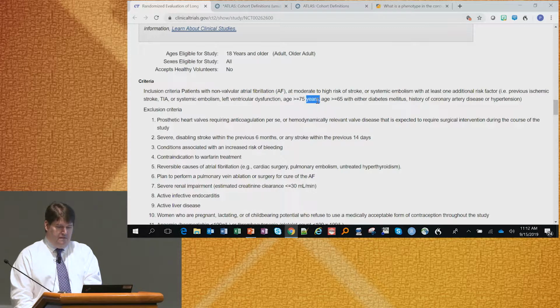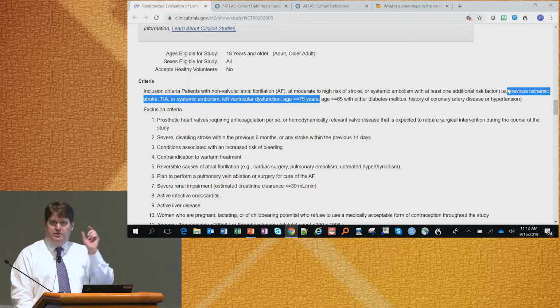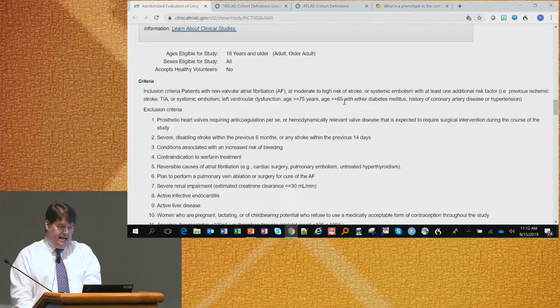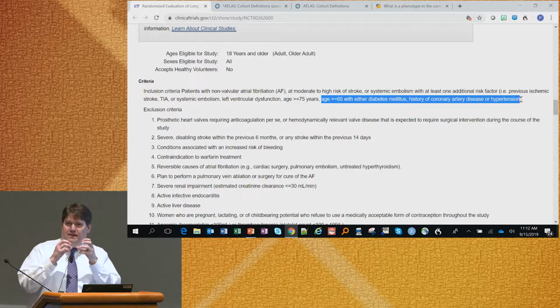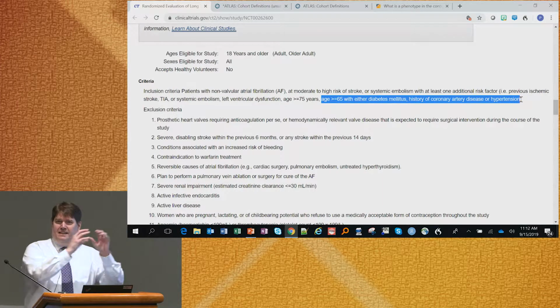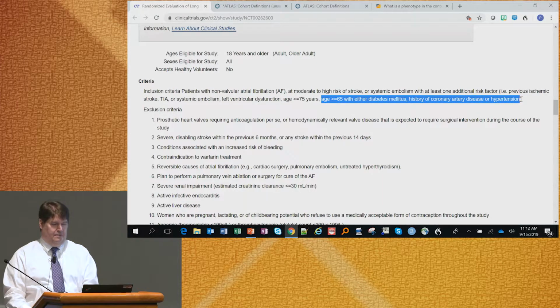So all of these on a CHAD score would put you at moderate risk just on their own. And then they're saying, or you could have age 65 plus diabetes, coronary artery disease, or hypertension. So there's a little bit of these things together and these things alone that we need to think about in this cohort definition.